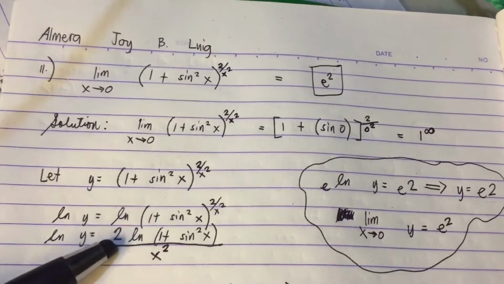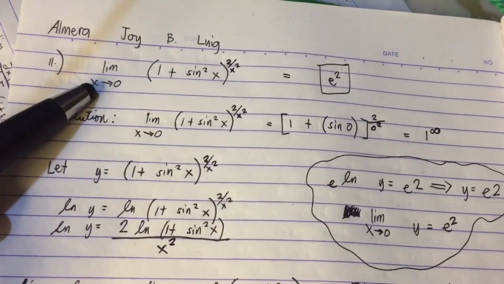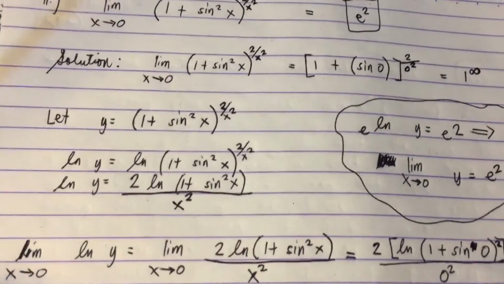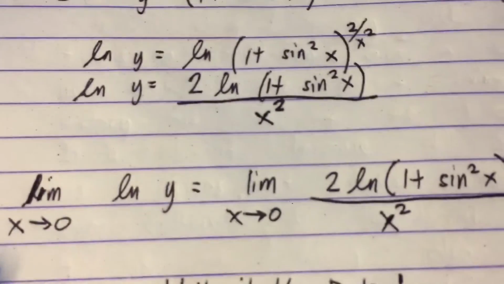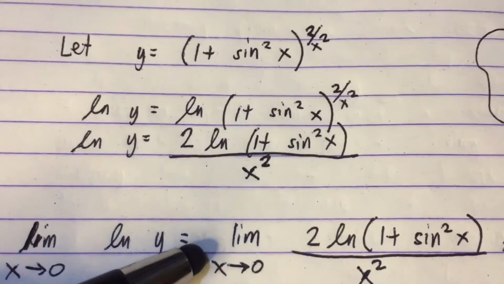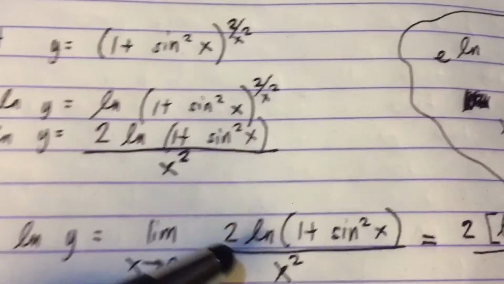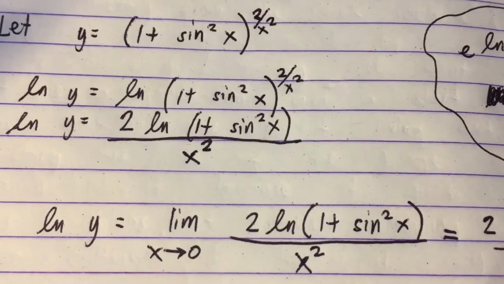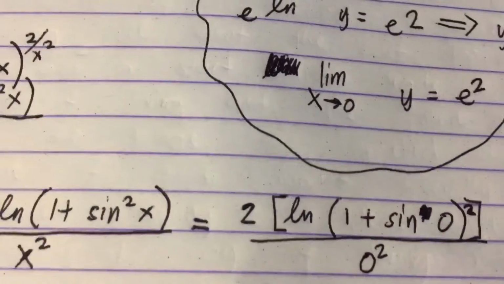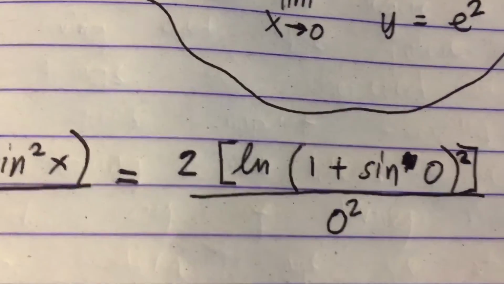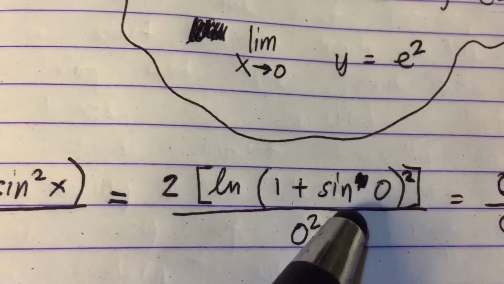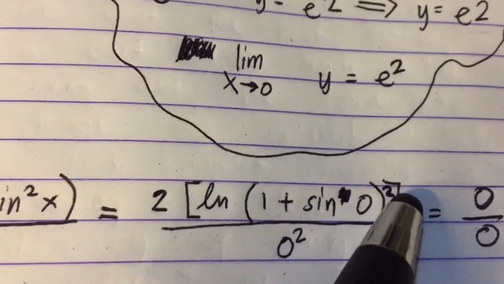Now let's see if our ln y, which is this one, will give us the answer. Let's substitute this one. Since our x approaches 0, we will substitute x here by 0. The limit of ln y as x approaches 0 is equal to the limit of 2 ln of (1 plus sine squared x) over x squared as x approaches 0. We now have 2 ln of (1 plus sine 0 squared).